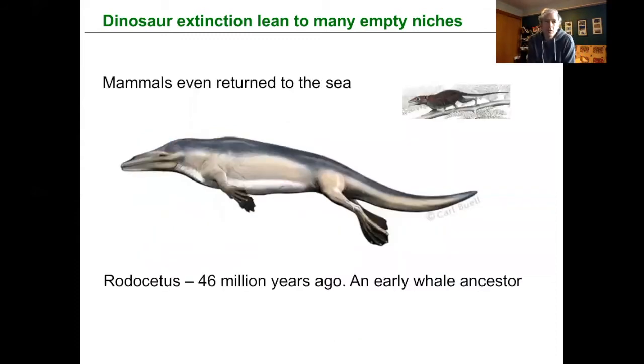What was really interesting was the mammals even returned to the sea. Remember, during the age of the dinosaurs, there were things like mosasaurs and plesiosaurs swimming around in the ocean, these big, large predators eating all sorts. They were all driven to extinction at the end of the dinosaurs. So that meant there was a vacancy for a large air-breathing predator in the oceans. The reason that being an air breather in the ocean is actually advantageous is because the physiology of breathing air means you can process oxygen much, much faster than if you're breathing water.